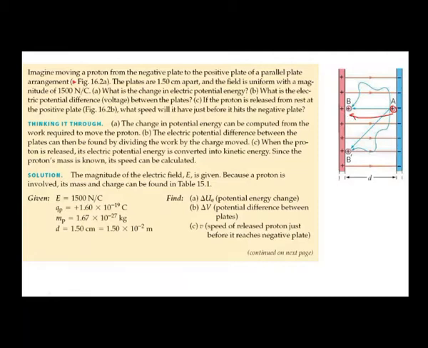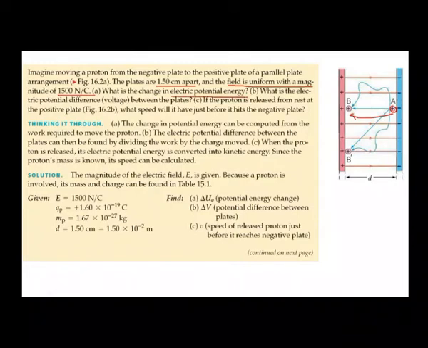You could really feel the repulsive force increase as it moves to the positive plate. The plates are 1.5 centimeters apart, and the electric field is uniform with a magnitude of 1500 Newton per coulomb.